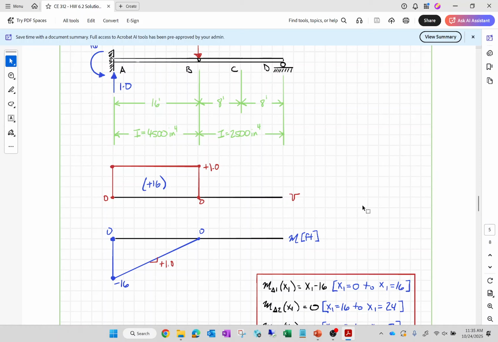So really all I need to do is EI, in this case it's EI1. That's my problem right there. That's it.